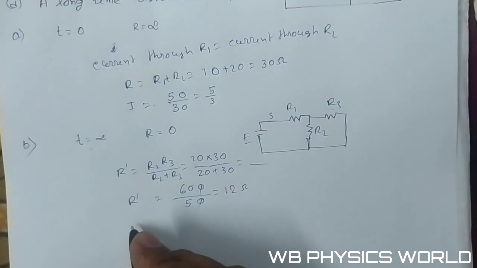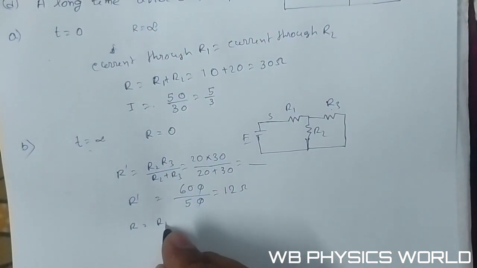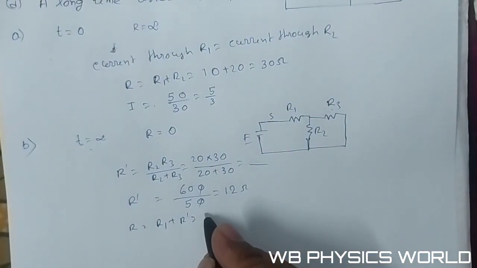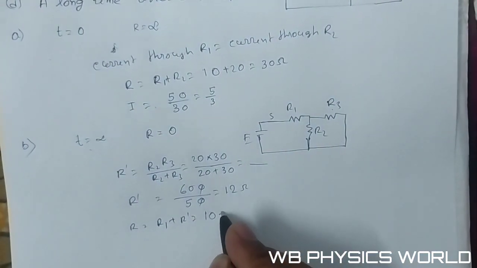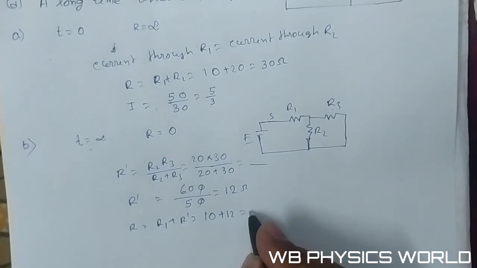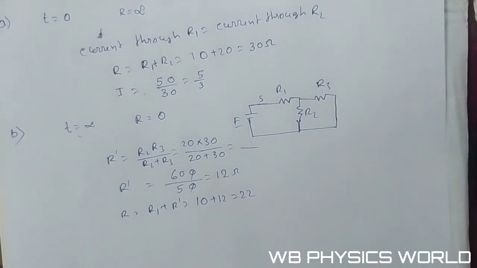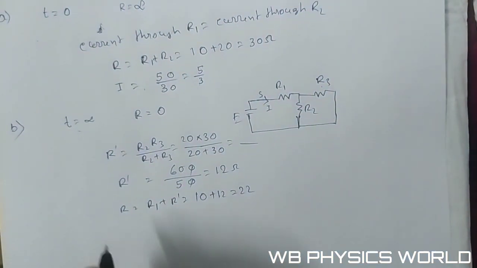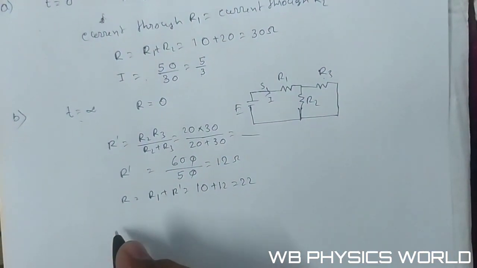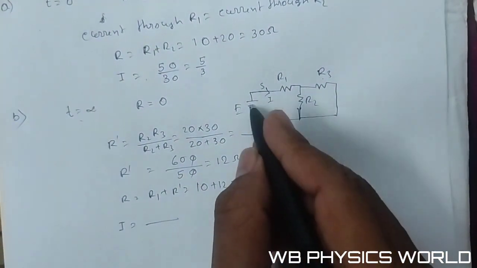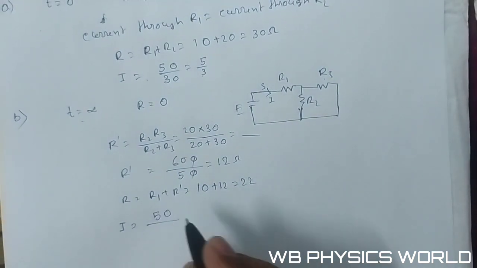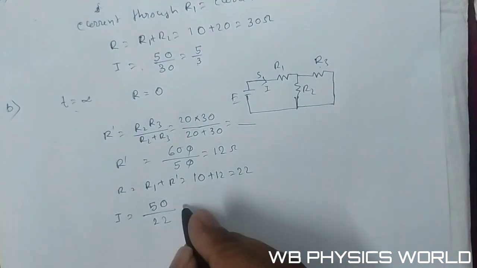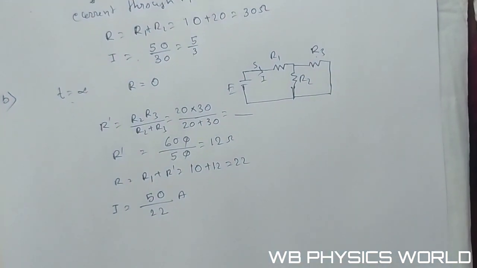Total resistance R is R1 plus R prime, 10 plus 12, that is 22. So the net current I is 50 volt by 22 ohm, so this is 50 by 22 ampere.